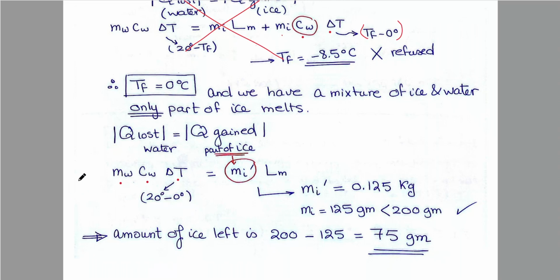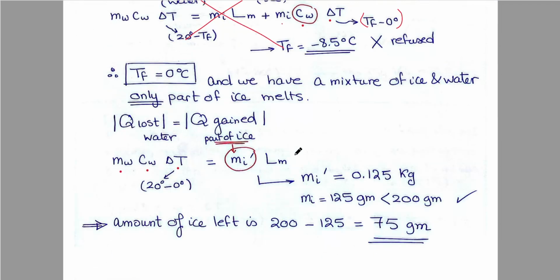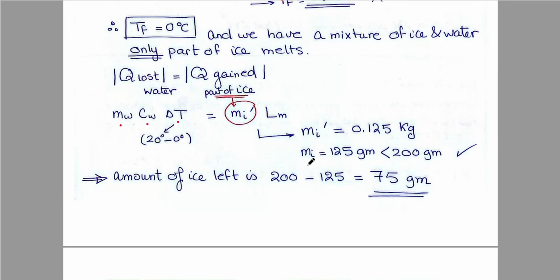M dash after substituting will be 0.125 kilograms, which is 125 grams. We are starting with 200 grams of ice, so this answer is acceptable. The amount of ice that melts is less than the total amount of ice.